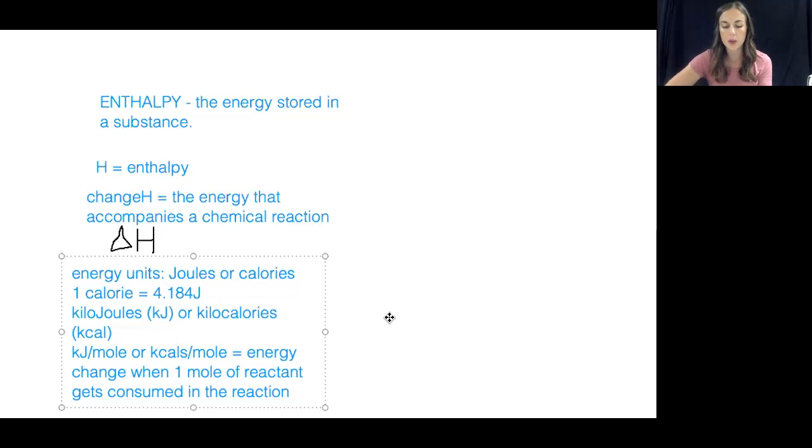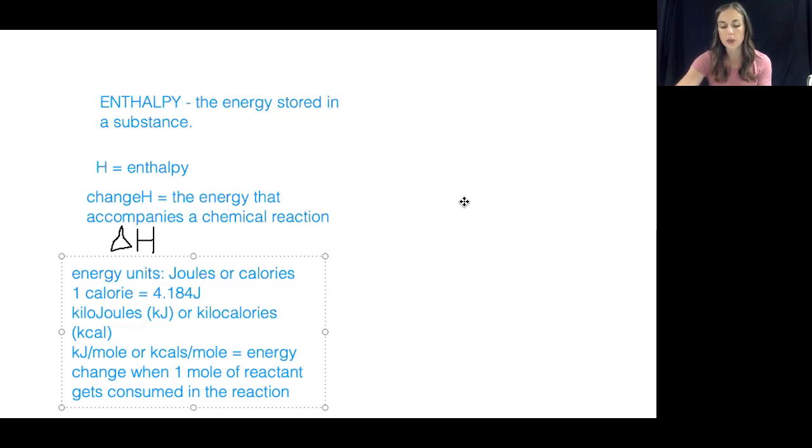All right, so if, for example, on page 451, they say 50 kilojoules per mole, that simply means that after 1 mole of reactant undergoes the chemical change, there is an energy change of 50 kilojoules.